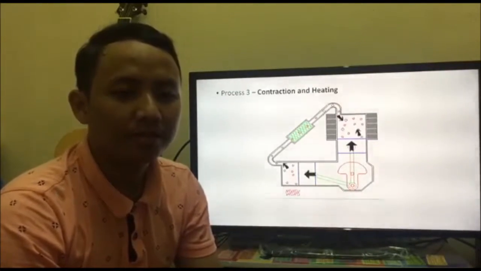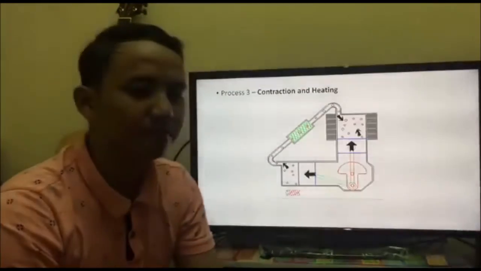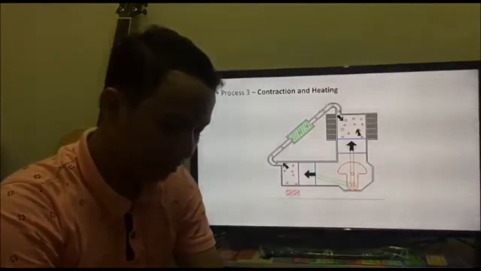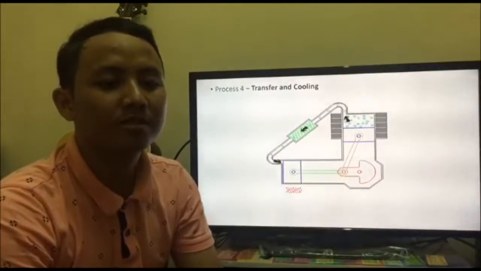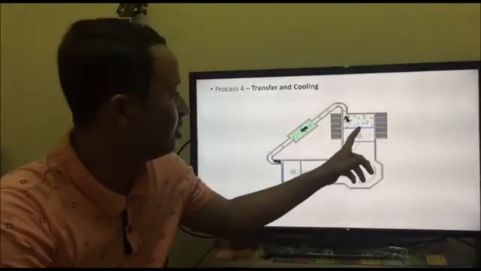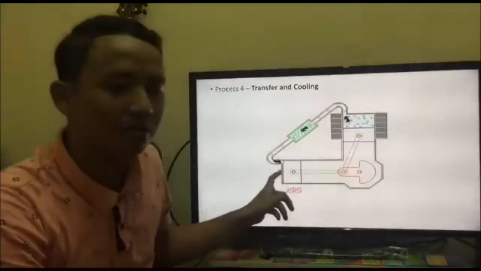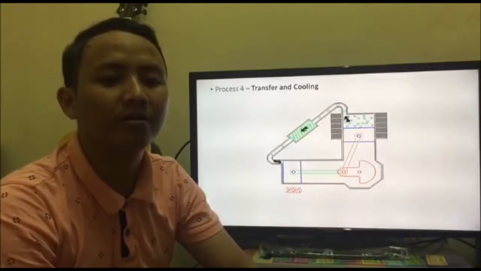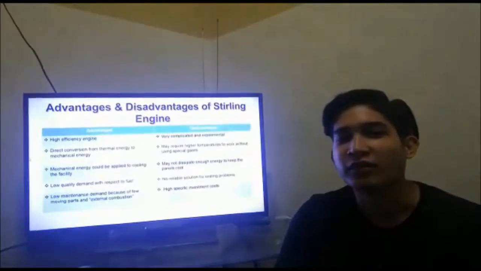When it expands, it pushes the work piston to the right, which drives the flywheel. The fourth and final process is transfer and cooling. The displacer piston moves to the left and the hot gas moves around to the cooler part of the cylinder on the right, on the left. Okay, thank you. Assalamualaikum warahmatullahi wabarakatuh.